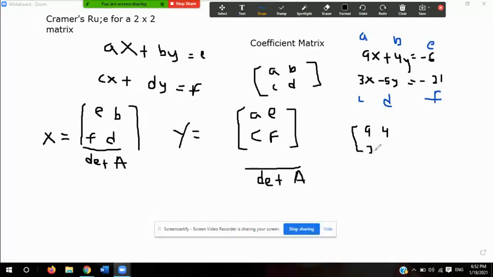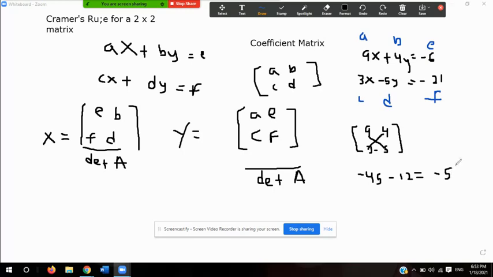To find the determinant, as reviewed in the last video, we multiply 9 times negative 5, which is negative 45, minus 3 times 4, which is 12. So negative 45 minus 12 equals negative 57. So we have the determinant of the coefficient matrix.